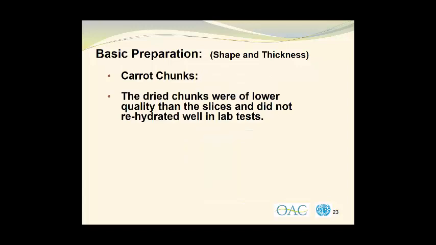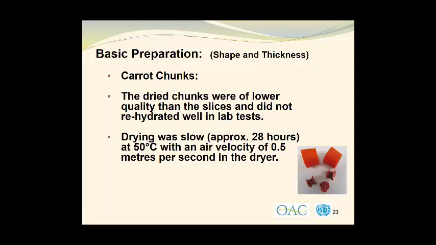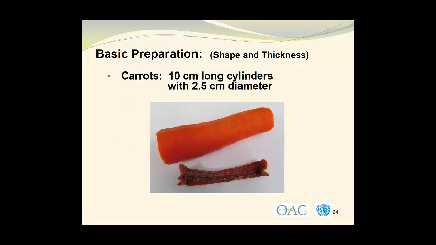The dried chunks were of lower quality than the slices and did not rehydrate well in lab tests. Drying was slow. It took approximately 28 hours, and that was done at 50 degrees Celsius and an air velocity of 0.5 meters per second once again. Capillary action did help a bit, but not an awful lot.